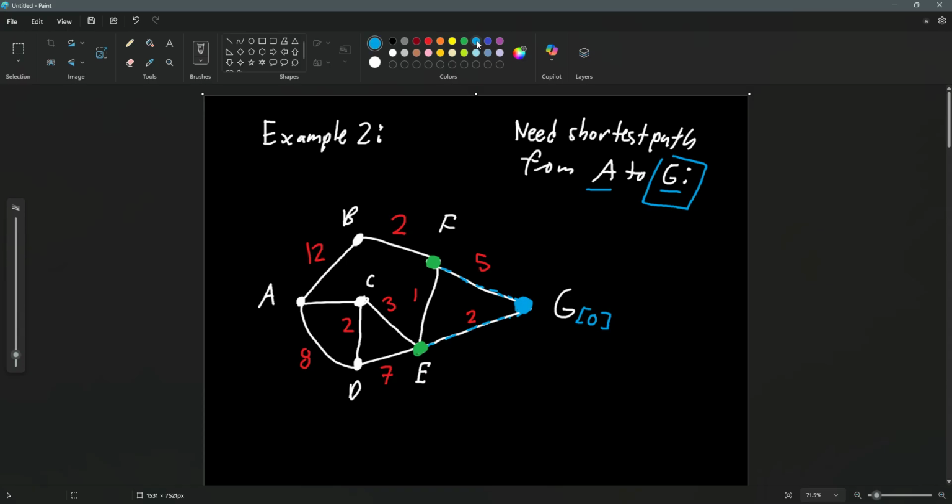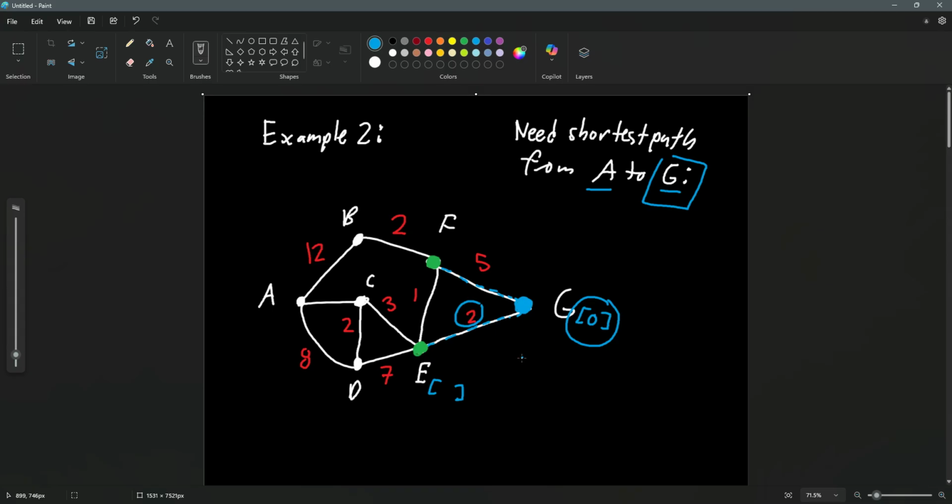Why is that? Well, E doesn't have a number right now, and we haven't given it a little number in a box. So any time we're visiting a vertex that doesn't have a number yet, we're going to give it the number of the vertex it connects to plus the weight of this edge.